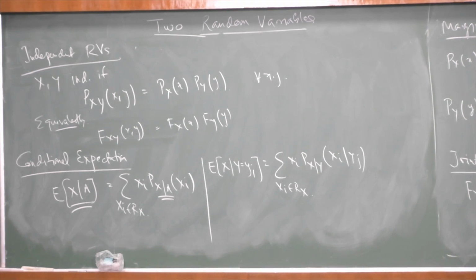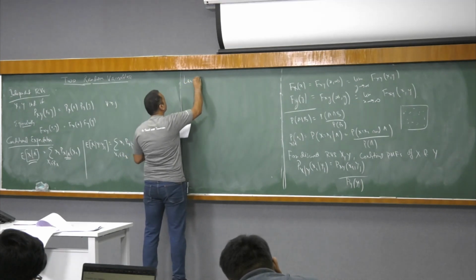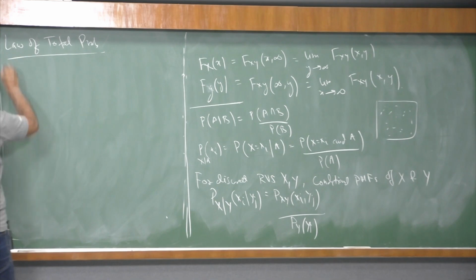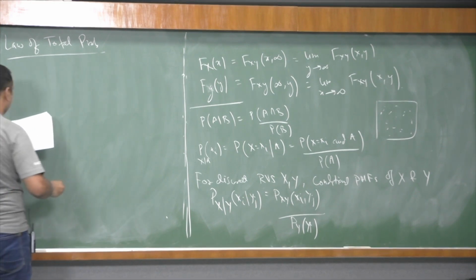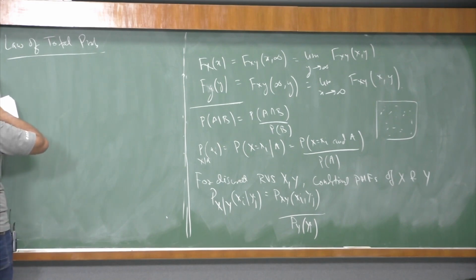Now we can write down the law of total probability and the law of total expectation. We have done a little bit of this. Essentially the idea here is to find a partition of the sample space and use that partition to compute the probability values. We can say that it's partitioned by y.